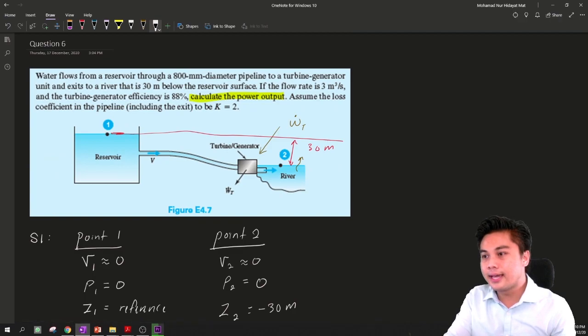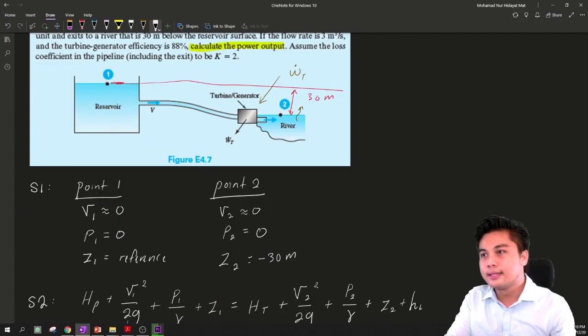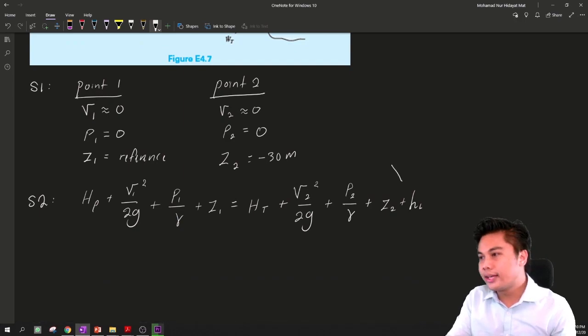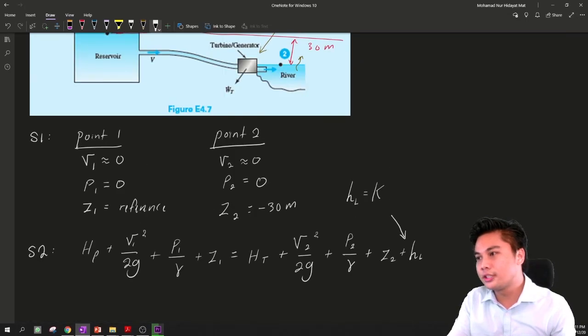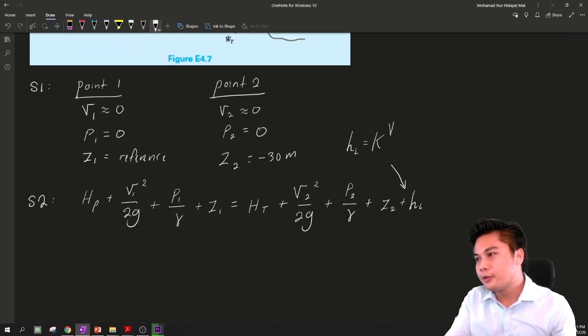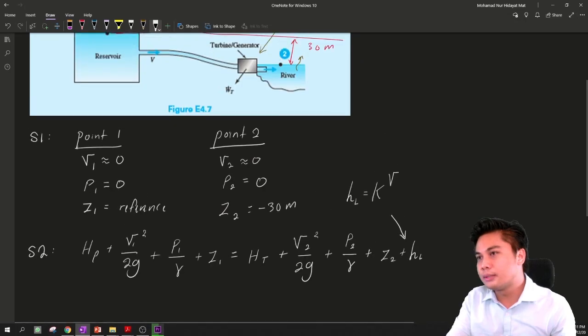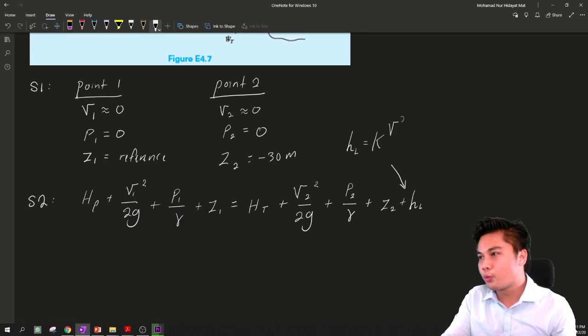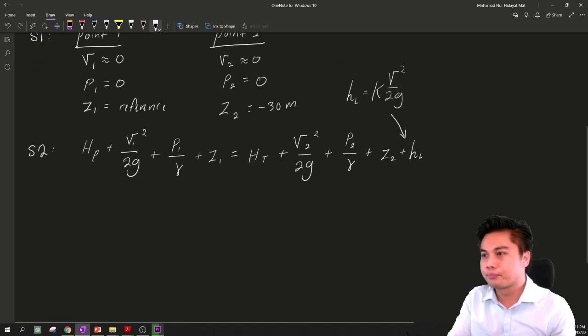It is given that the loss coefficient is K equal to 2, so HL expands to K, the loss coefficient, multiplied with the average velocity through the pipe, V squared over 2g.